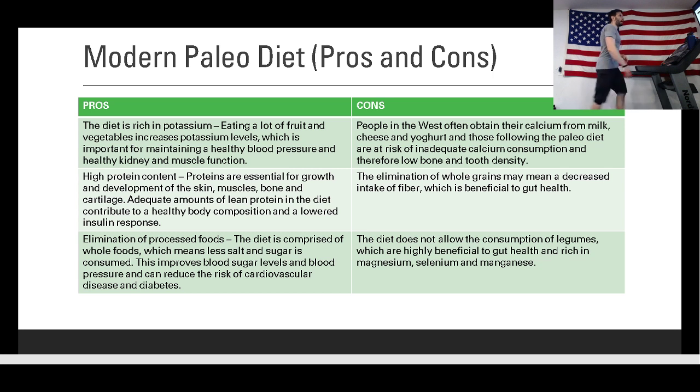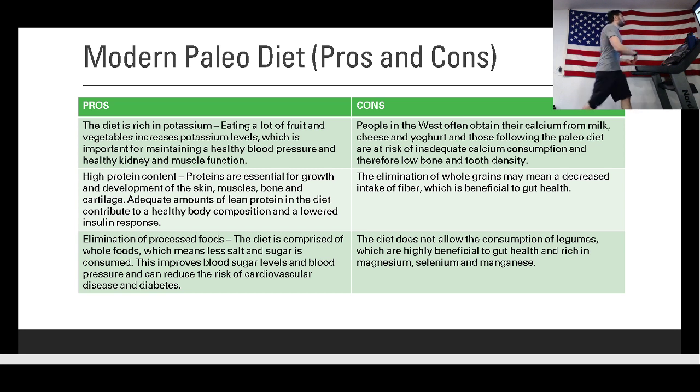Now, if you're eating cereal and you're like, yeah, I'm getting my whole grains, I think there are less processed foods out there like steel cut oatmeal and brown rice where you can be getting your fiber intake from. You know what I'm saying? But again, that's just on me. That's where I agree with this as being a con. I think you just need to pick the less processed whole grains.